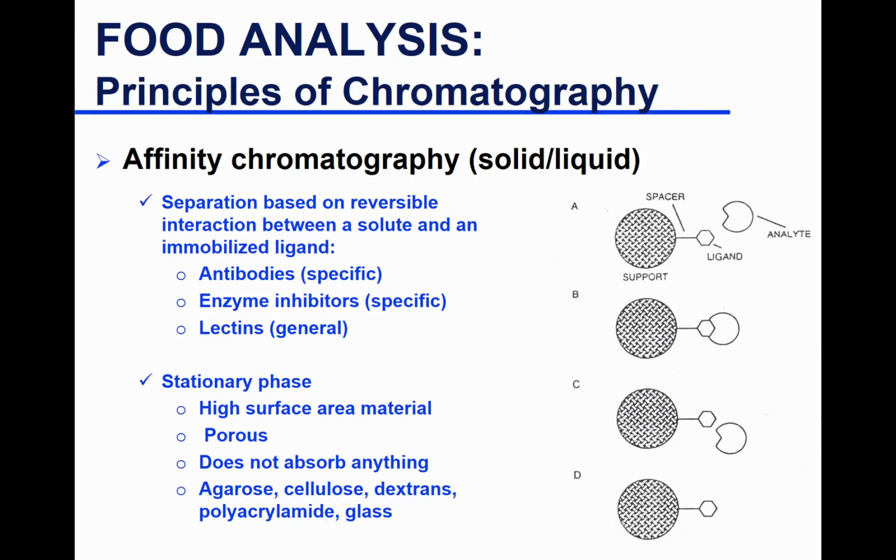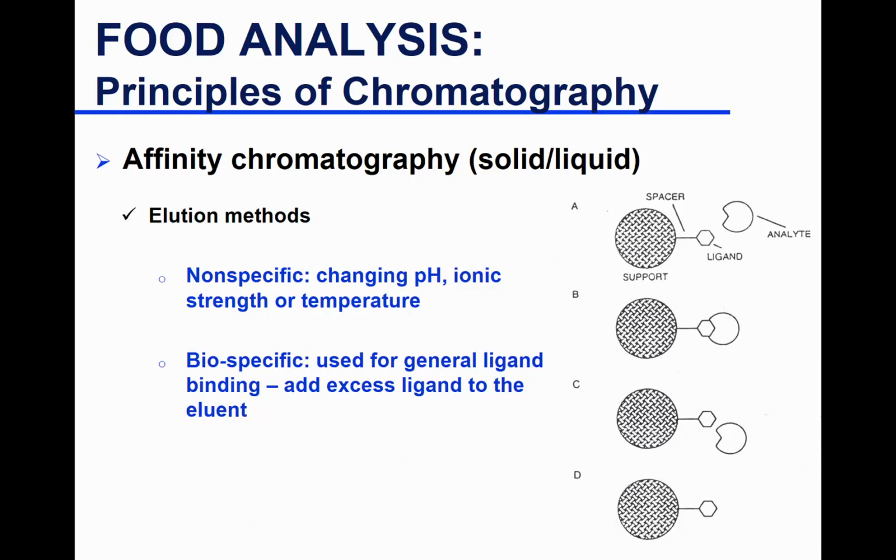Then you have your analyte that will interact very specifically with your ligand, and then you need to have them elute from the column. To elute, you either change the pH or ionic strength or temperature. By changing these, you're changing how these specific binding sites are.